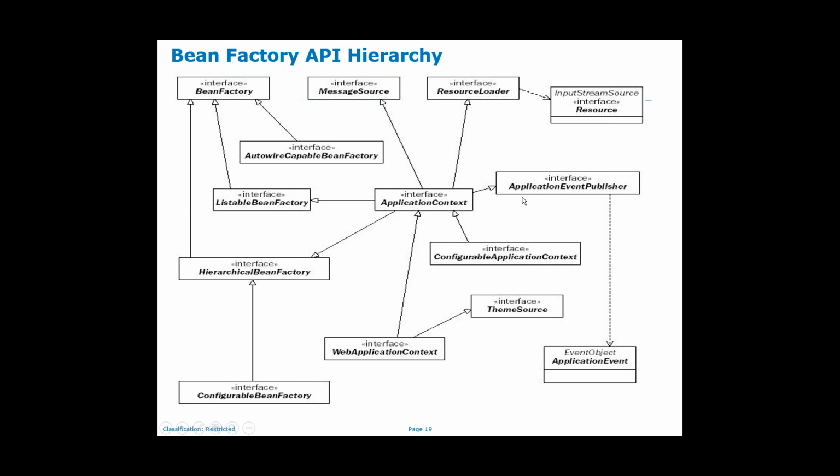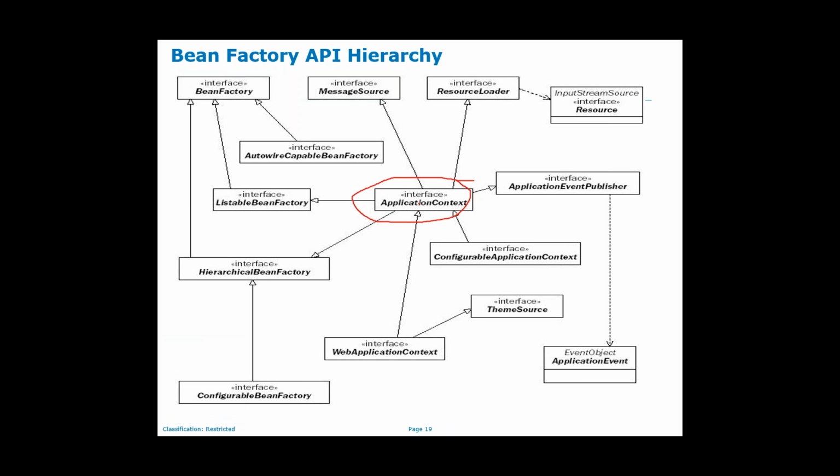So if you just observe over here, your application context is the main interface. You can say it is the root. It will have complete access to your application. From there you have the rest of the stuff.